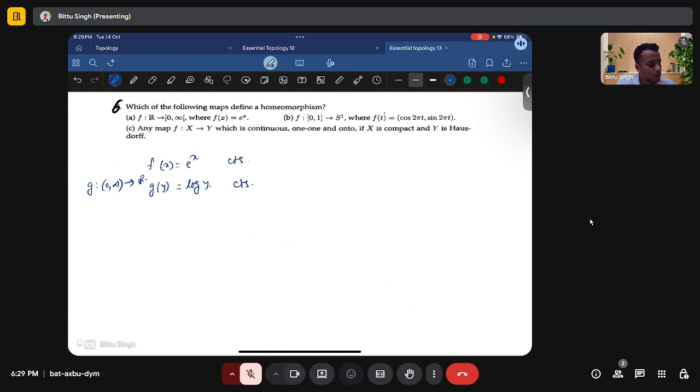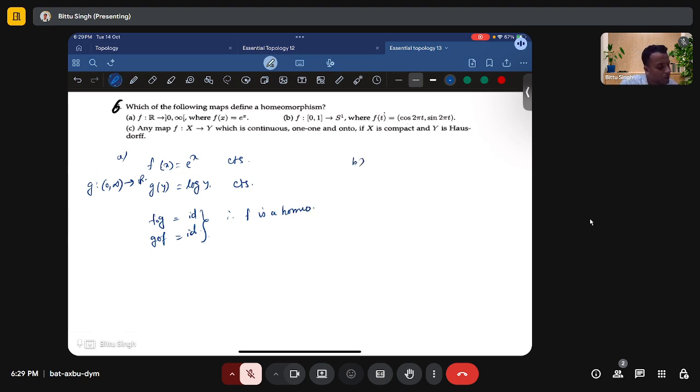This is also continuous, and f compose g is identity, g compose f is also identity. Therefore, for option A, f is a homeomorphism.